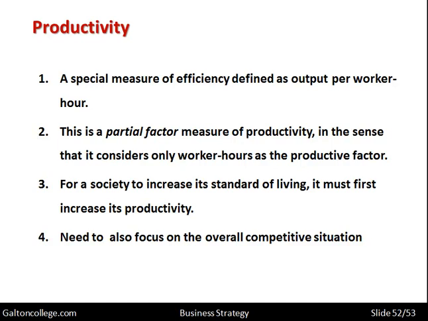We could be using output per machine, or output per department, or output per company, if you like. So it's necessary to try and gauge efficiency against competitors. And sometimes we use this concept of productivity to make those comparisons.